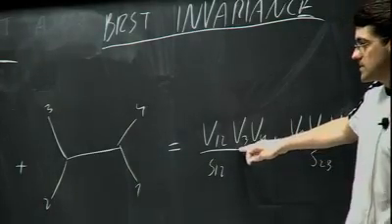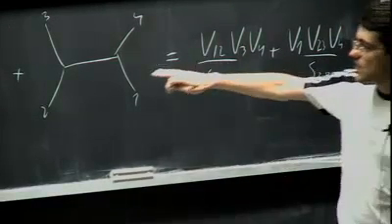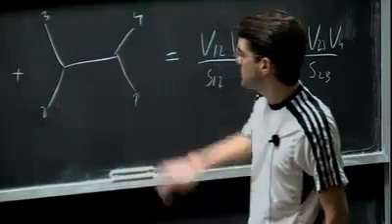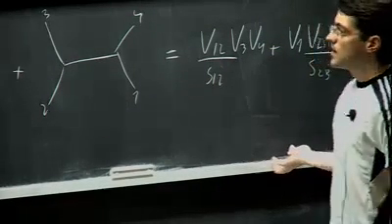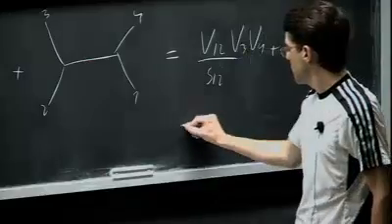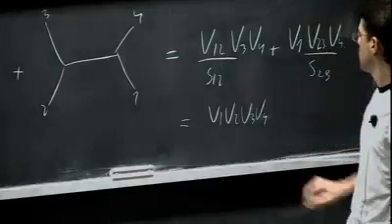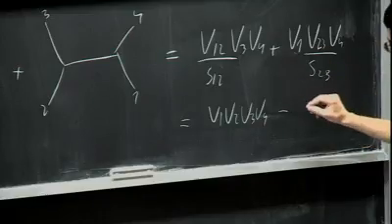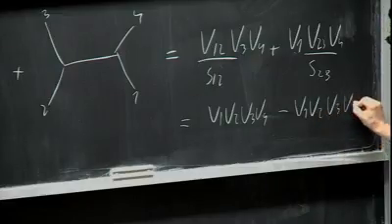Let's see what happens with this guy here. Let's compute the BRST variation. That's our ansatz for this amplitude, simply by looking at the structure of the diagrams, and it's a kind of intuitive thing to do at this level. So we compute the BRST variation of that one, and we get V1, V2, V3, V4 for that one, and now minus, because Q anticommutes with V1, minus V1, V2, V3, V4, and that's 0.